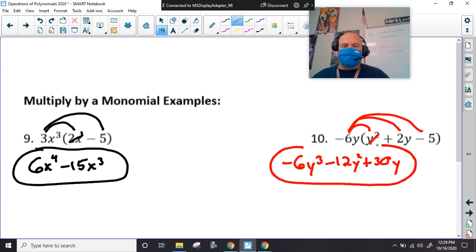Almost forgot the squared. So it's kind of similar to what we did in some of our past stuff.